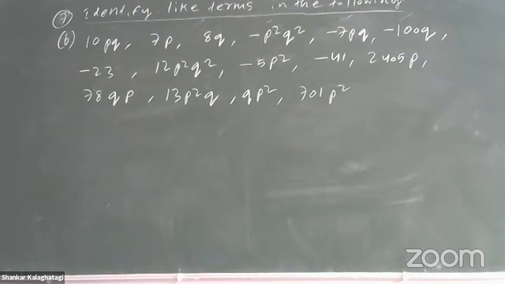Okay, I will check. After minus 5p square, it is just 41, and other things are right. Just check once again. Correct, sir.